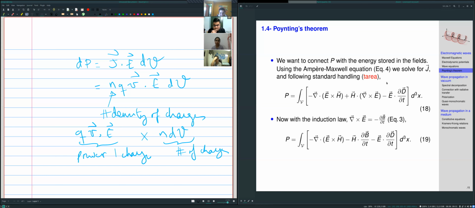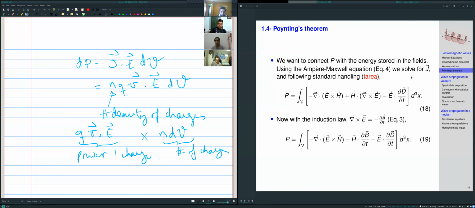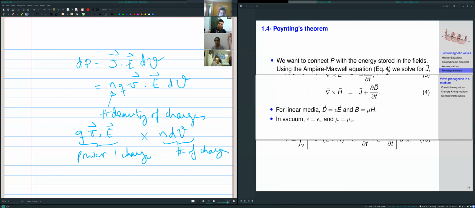And so the idea here is to replace J in the preceding equation. We have this expression for the total power exerted inside the volume with charges, and we replace J with equation 4 here.